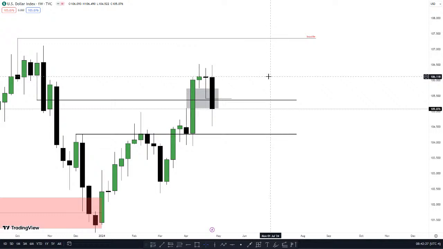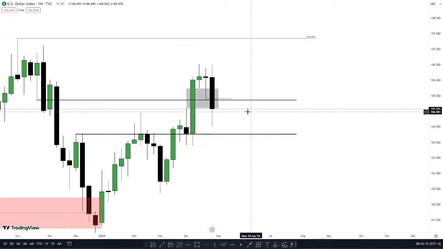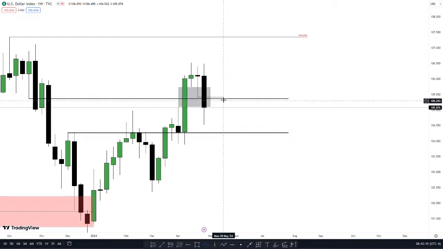I didn't quite get why we closed below, but coming to this week, coming to tomorrow's trading, that is Monday, I'm going to be expecting some downside, just something small, and then we start working our way up.